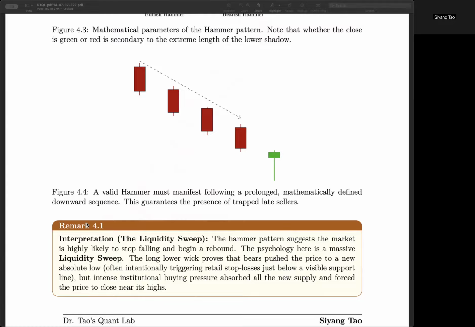As those stop-loss orders trigger, a cascade of supply floods the market. But instead of the price collapsing further, intense institutional buying pressure steps in. The institutions absorb every single dumped share and aggressively force the price all the way back up to close near its highs. That massive lower wick is the physical footprint of institutional absorption.